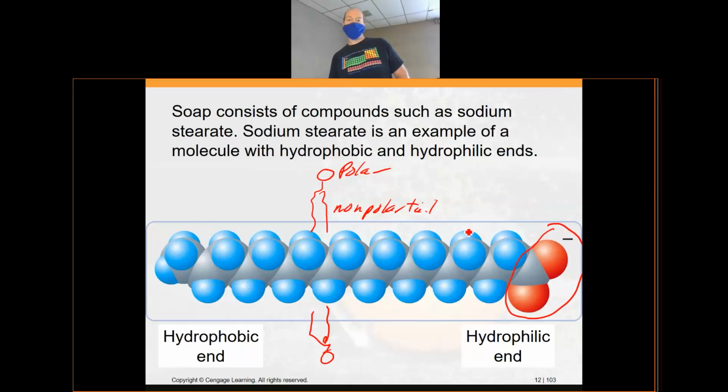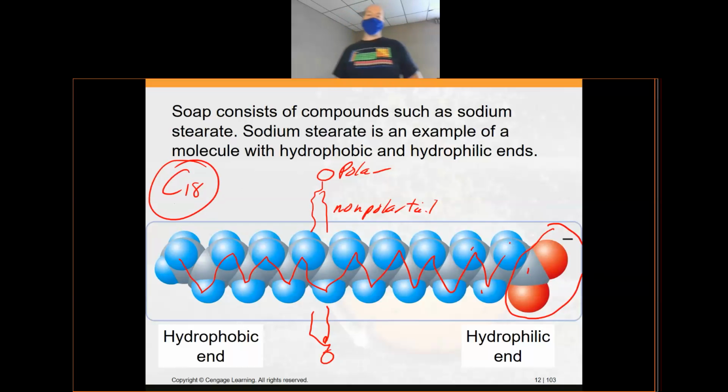This is a carbon-hydrogen compound. So that's CH2, CH2, CH2, a bunch of CH2s. 1, 2, 3, 4, 5, 6, 7, 8, 9, 10, 11, 12, 13, 14, 15, 16, 17, plus this one, 18. So there's 18 carbons that go off of this polar head.